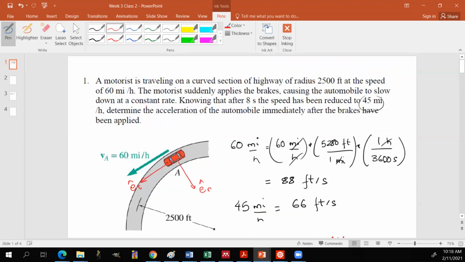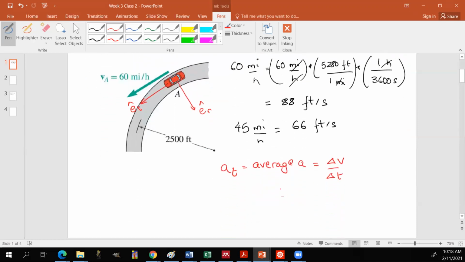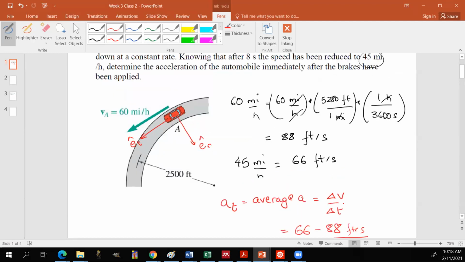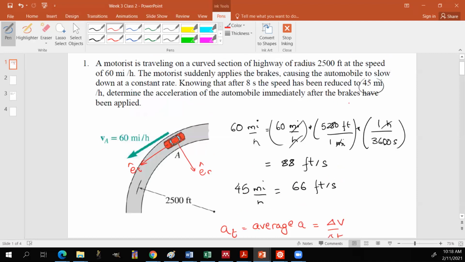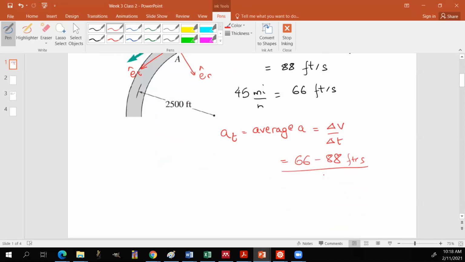You know it's slowing down, so it's going to be a deceleration. Delta V is the final 66 minus the initial 88, in feet per second, divided by 8 seconds.